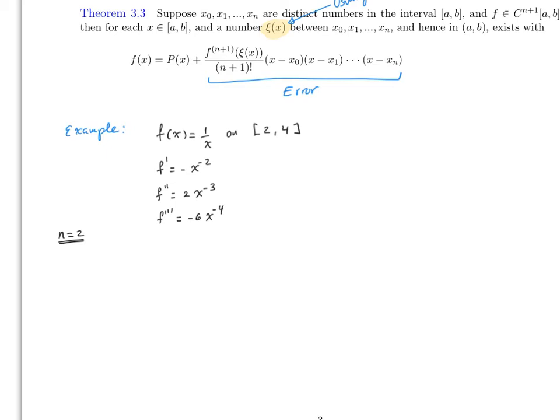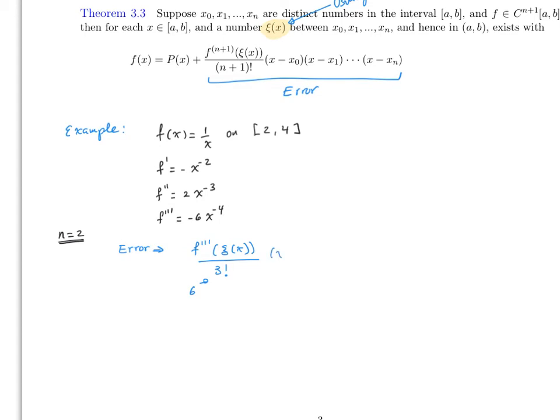So if we use the information from the first example, we're going to find that the error is going to be this f triple prime of some ξ function of x divided by 3 factorial, which is just 6.